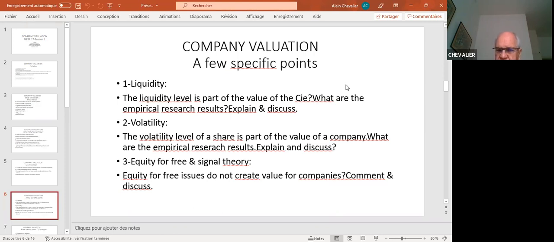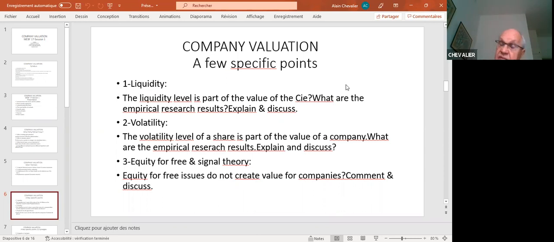The value of the company at the end is equal to what it was at the beginning, before the issue. And if you come back to the balance sheet, you understand that the only modification is inside the total equity, with a translation of retained earnings to equity.